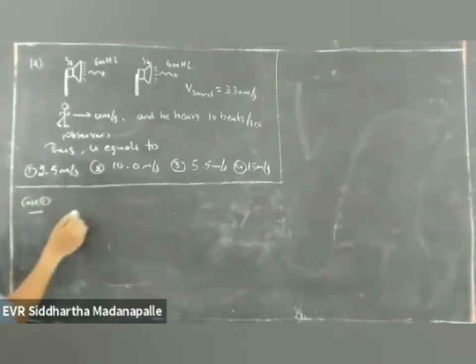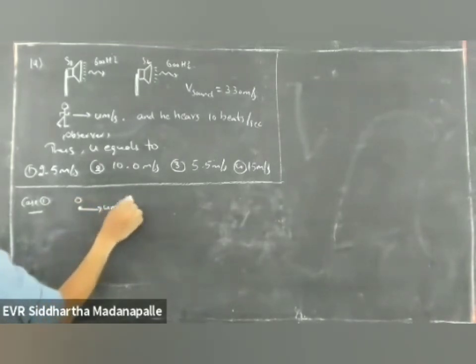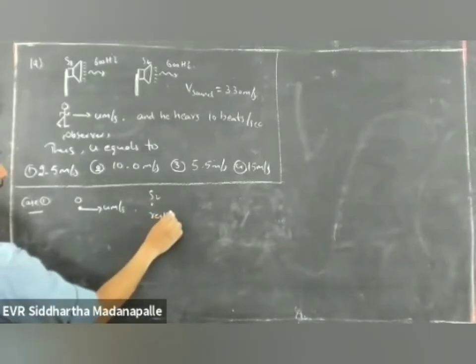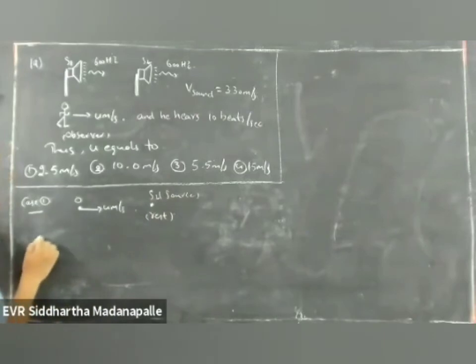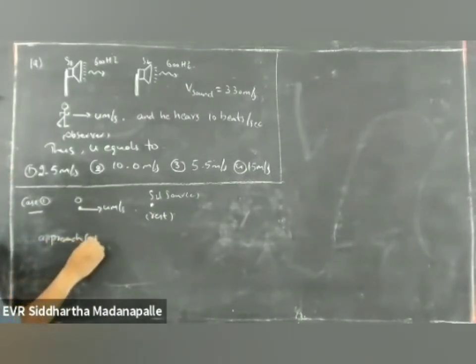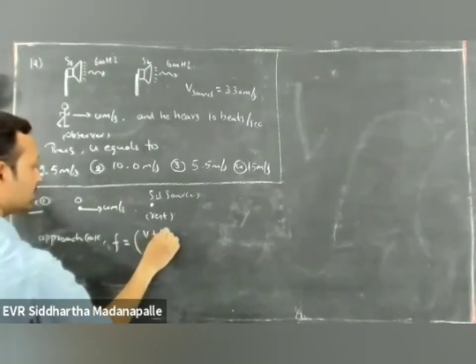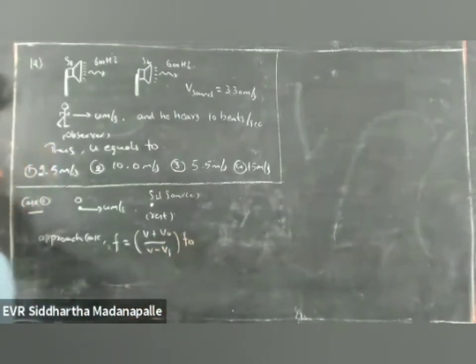Case 1: the observer is moving towards S2, and the source is at rest. So this is the approach case. The apparent frequency is equal to (V plus V naught) by (V minus Vs) into F naught.